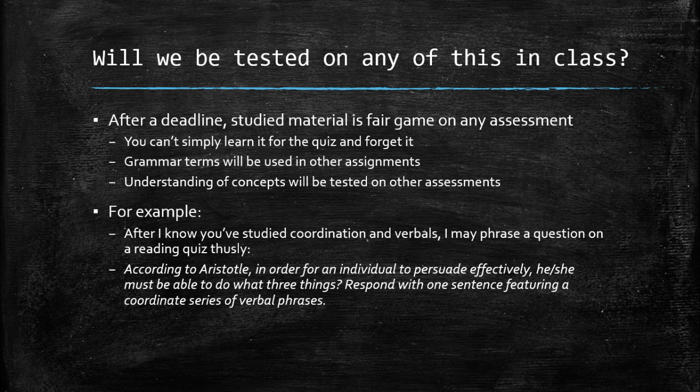Respond with one sentence featuring a coordinate series of verbal phrases. Now, from your reading, you may know exactly what Aristotle said, but you're going to lose credit if you don't know how to phrase it properly like I've said here. I've said to use a coordinate series of verbal phrases. So if you didn't pay attention or take rigorous notes on that lesson, you're going to be in trouble and you're going to get points taken off that quiz.